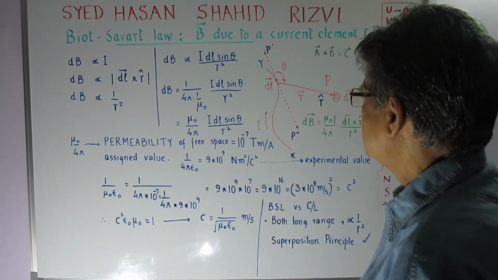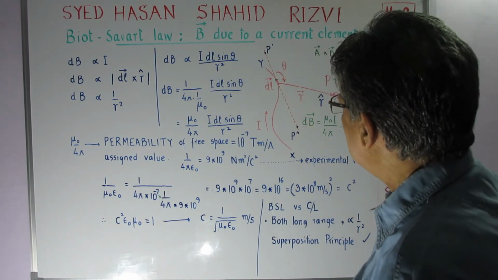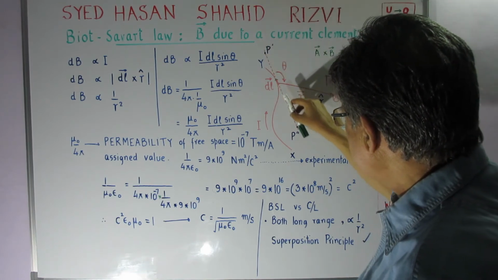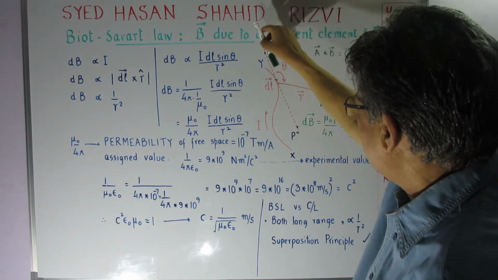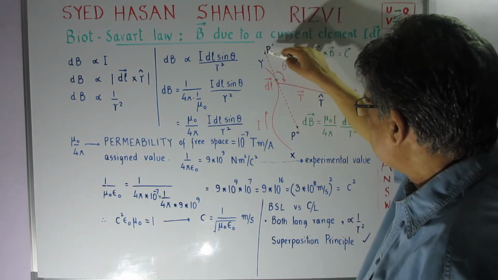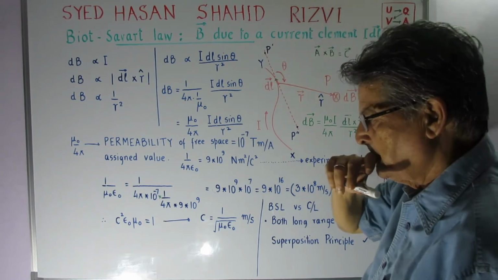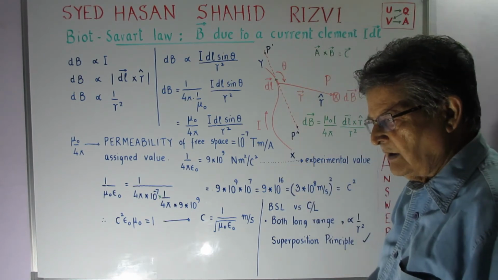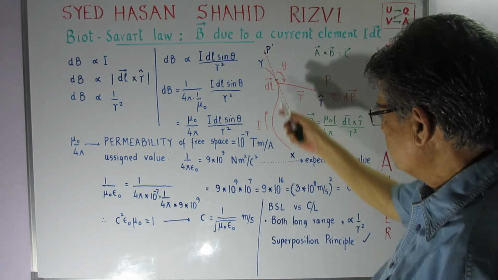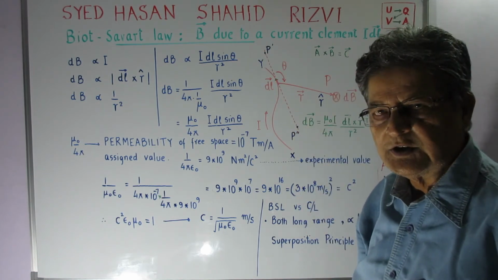It means that if the current element is as shown by this green arrow, and I extend this line in this direction and also in this direction, so the R in this case is like this, then dl cross R will be equal to dlr sine of 0, and in the other case dlr into sine of 180 degrees.